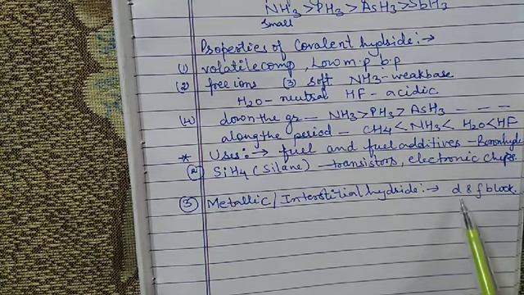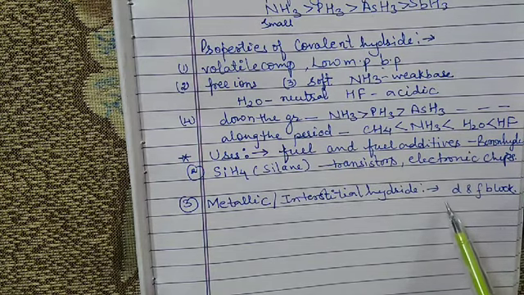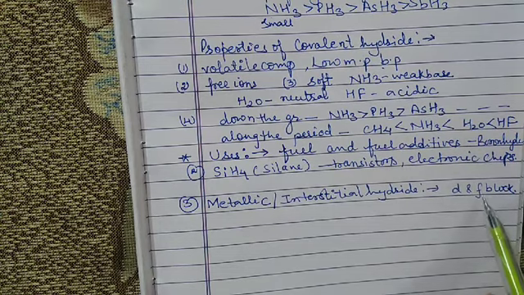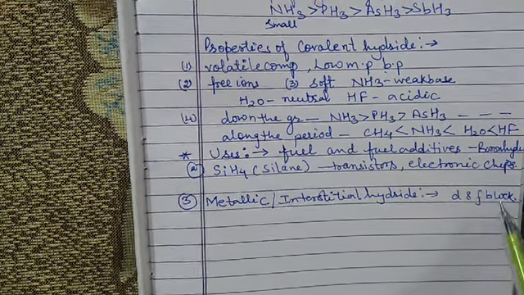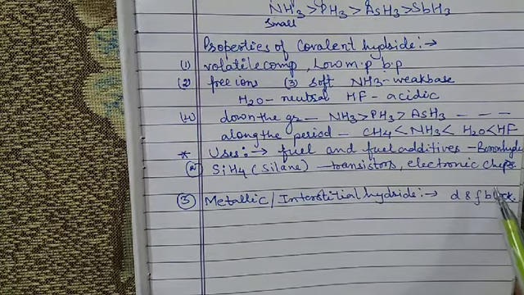We know that in the d block all the transition elements are present. If we are talking about the f block elements, then lanthanoids and actinoids come in this category.